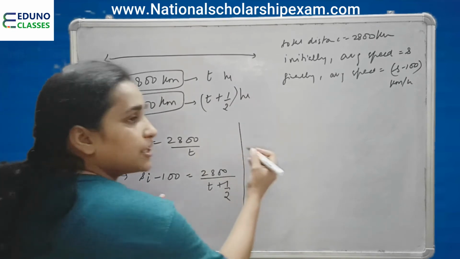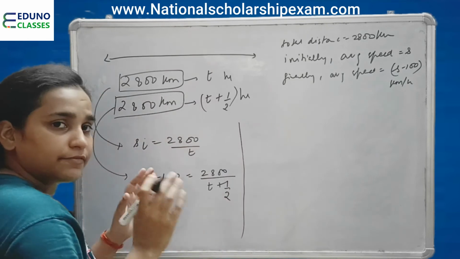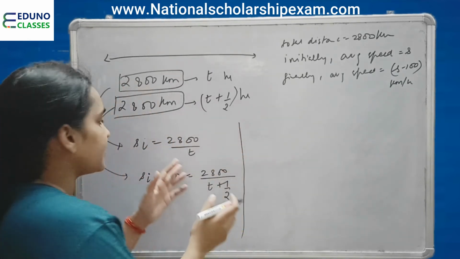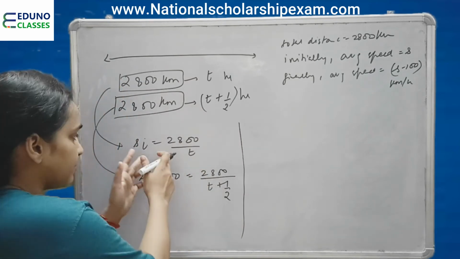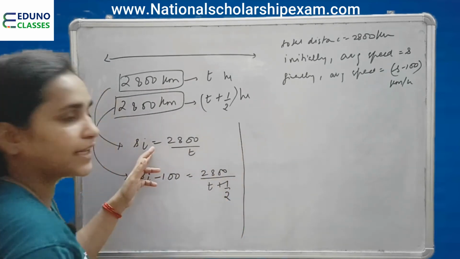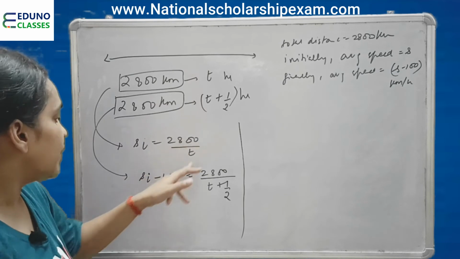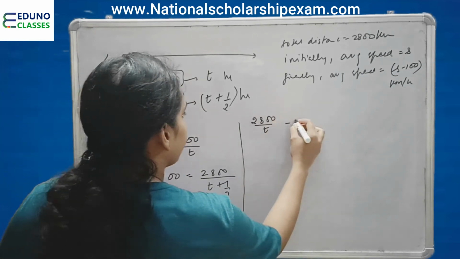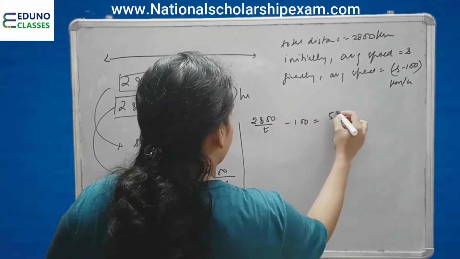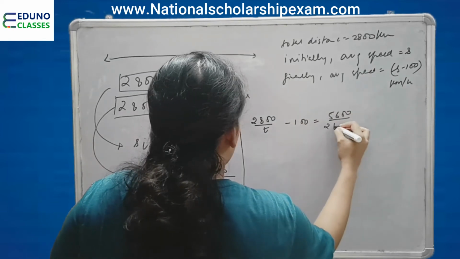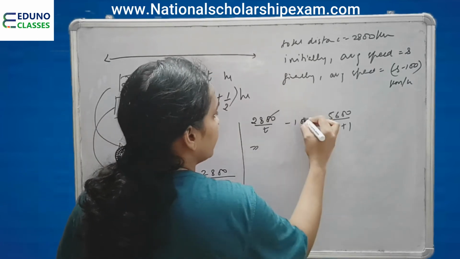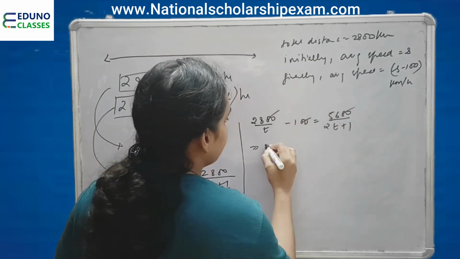Let's replace SI because it is already given as 2800 by T. So 2800 by T minus 100 is equal to 2800 upon T plus 1 by 2.